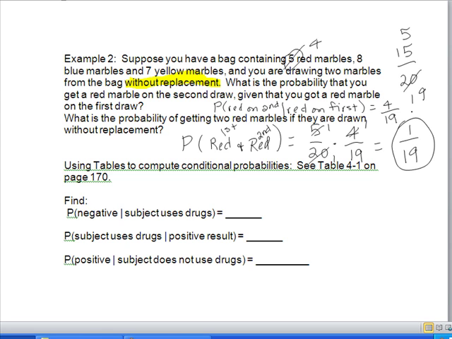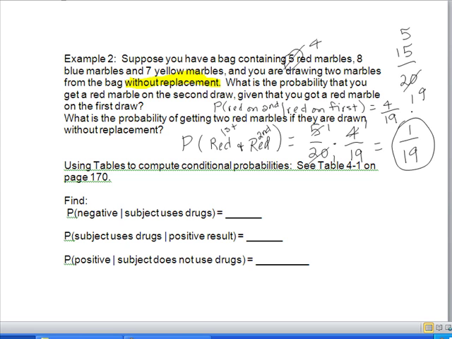So you have several places. It's at the bottom of page 133 as well. Once you locate one of those places for the table, we're asked to find some different conditional probabilities.